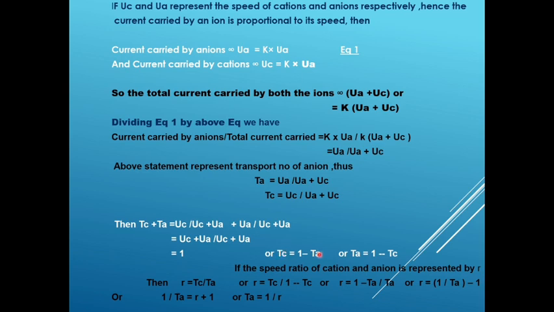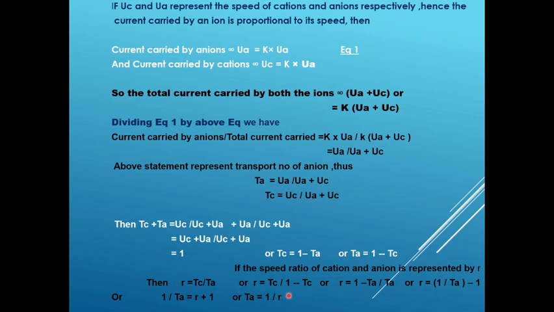In the same way we can write Tc like this also: Tc is equal to 1 minus Ta, or transport number of anion Ta is 1 minus Tc, the transport number of cation. We all know the speed ratio UC upon UA is given by R. If the speed ratio is represented by R, then R is equal to speed of cation divided by speed of anion.